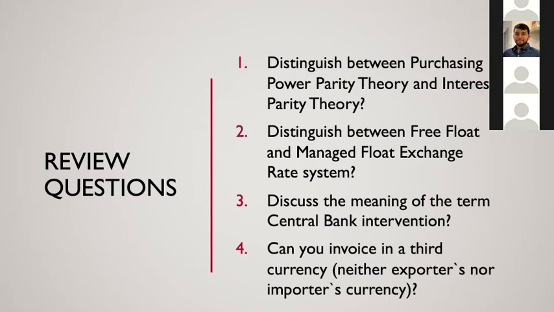Yeah. So any other answer? How do they actually intervene? Let's say they buy or sell dollars, or how do they actually determine the exchange rate? Suppose the dollar is going up today and they don't want to see the dollar going up, so how do they intervene?